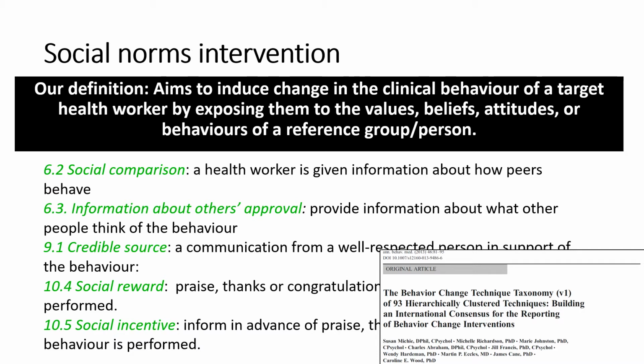These 5 techniques aren't clustered together as social norms in that taxonomy. That's something we've brought together because we feel social norms are an important topic to study and are frequently used within the NHS, but they're not grouped together in that way currently.